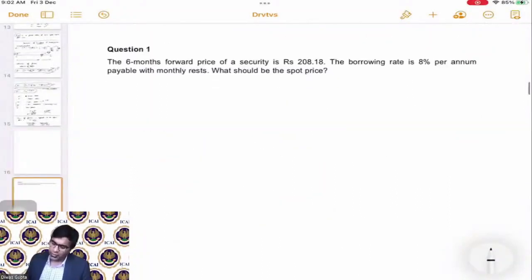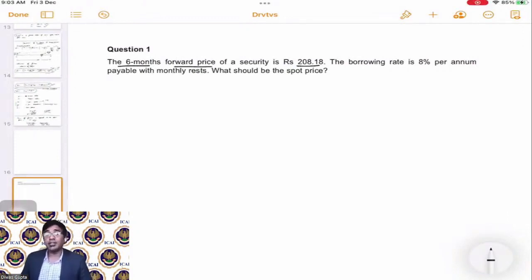Now let's go to question number 1. This is from the assignment only. It says that the 6 months forward price of a security. See, now it is saying 6 months. Now you have to analyze information very quickly. What is given is expiry is 6 months. We're talking about a forward price of a security is 208.18.